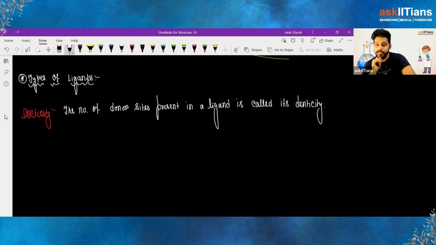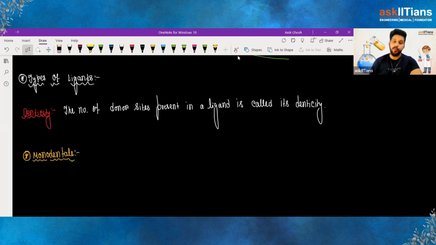The number of donor sites, you heard me right. What I mean to say is, guys, every single time we have been seeing that ligands have only one donor site, but there can be multiple donor sites present. Examples? Let's say we go for monodentate ligand. Dent is coming from teeth. Like I said, we compare it with biting people, right?